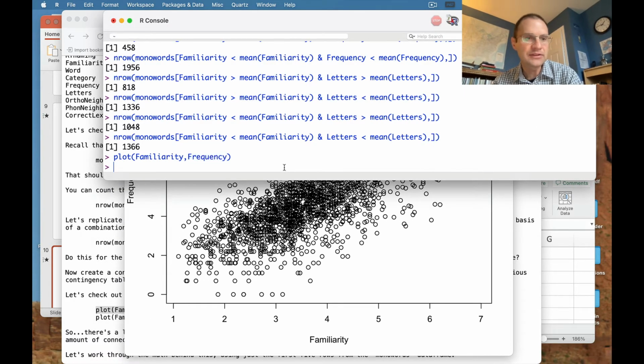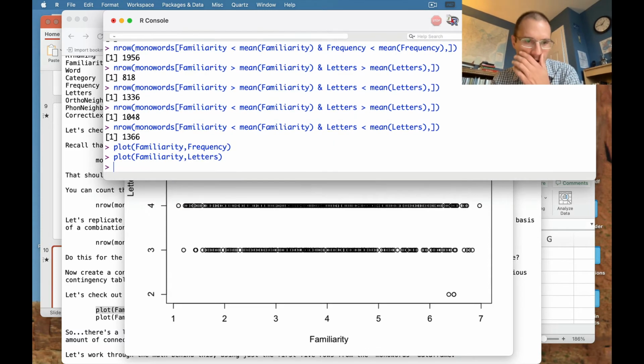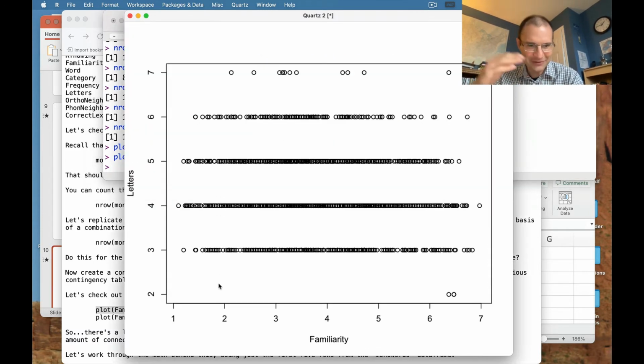We can try the same thing with the letters, and unfortunately it's going to look a little different because letters is not a gradient measure. It is a gradient measure, but it's more granular than the measure of familiarity, which has lots of numbers after the decimal point.